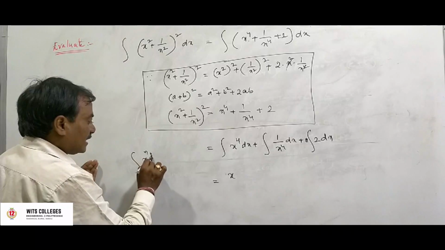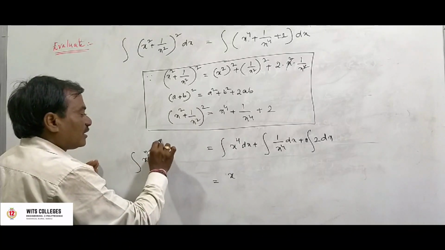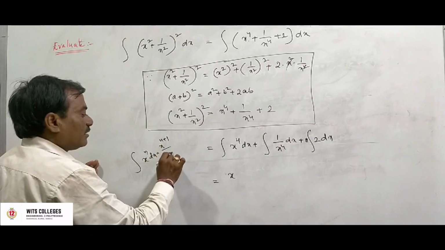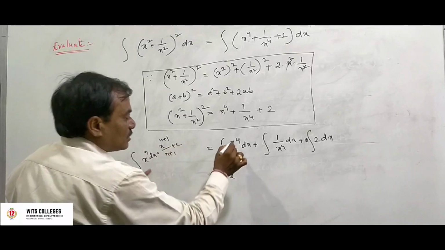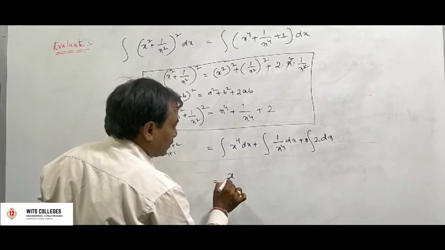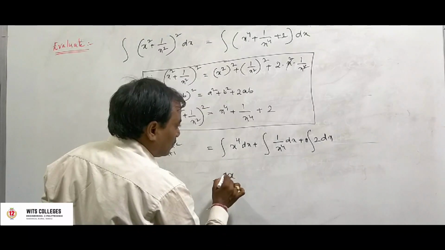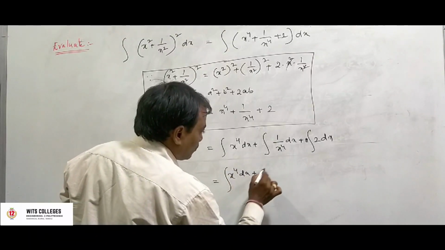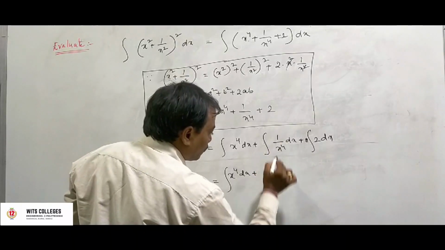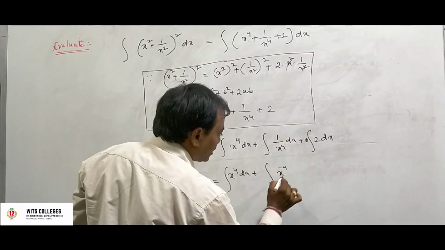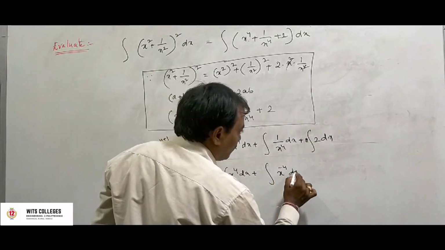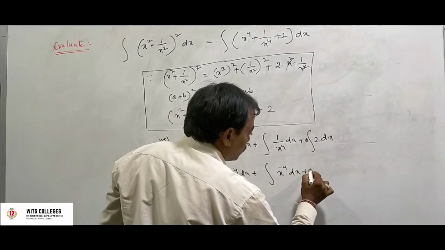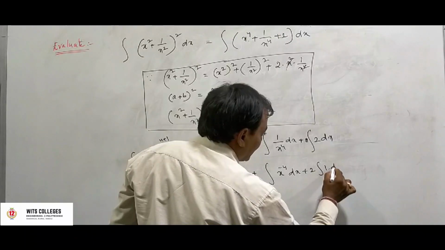This is the form of integral x to the power of n dx, which is equal to x to the power of n plus 1 by n plus 1 plus c. Written in one more form, x to the power of 4 dx, plus 1 by x to the power of 4 is shifted into the numerator as x to the power of minus 4, plus we shift 2 outside the integration, integral 1 dx.